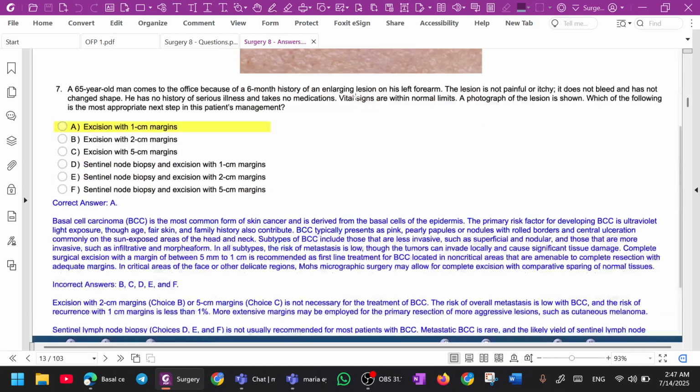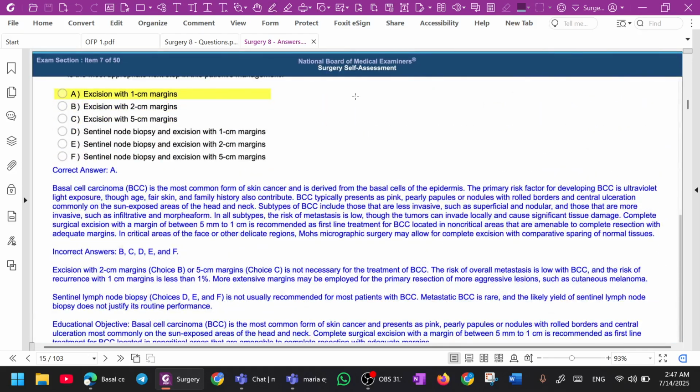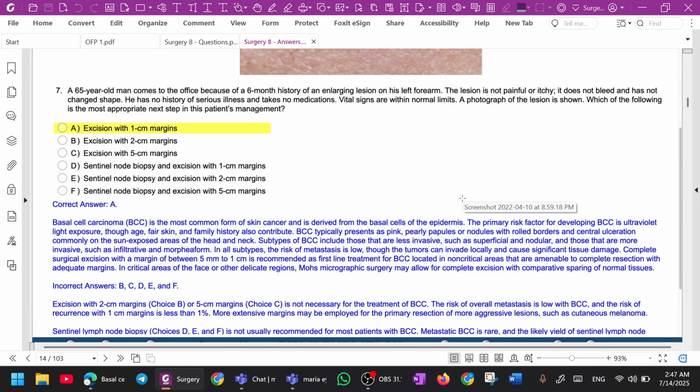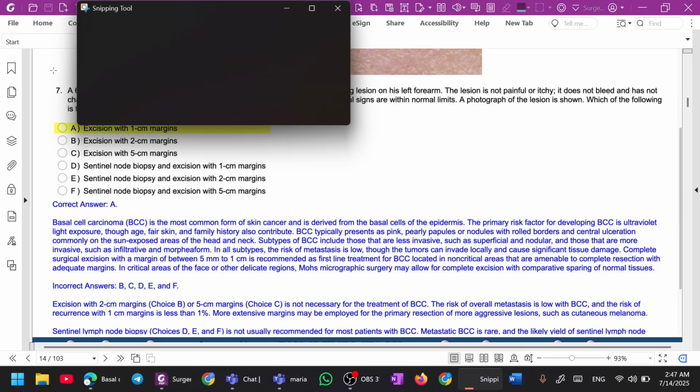Complete surgical excision with a margin of between 5 millimeters to 1 centimeter is recommended as the first line treatment for BCC located in non-critical areas that are amenable to complete resection with adequate margin. In critical areas of the face and delicate regions, Mohs micrographic surgery may allow for complete excision with comparative sparing of normal tissues.